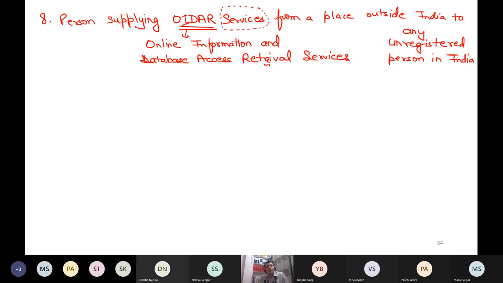Any person supplying OIDAR services from a place outside India to any unregistered person in India has to take compulsory registration.